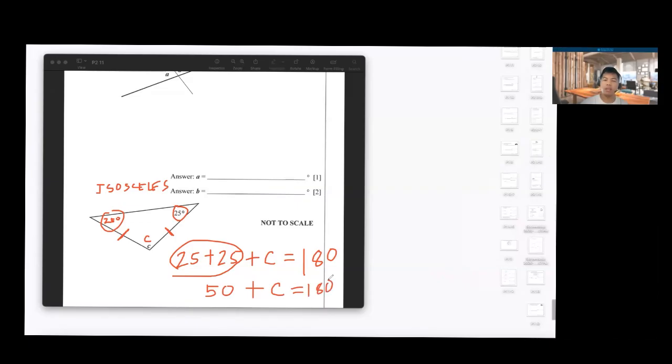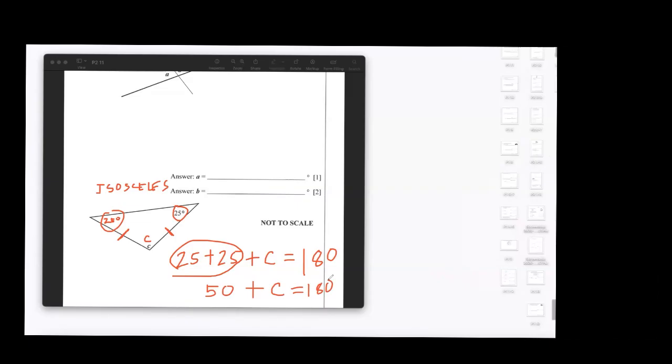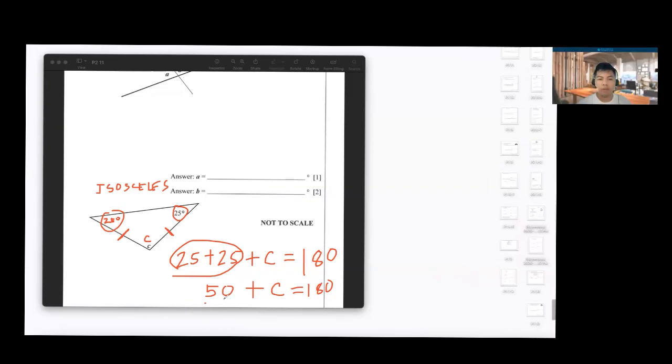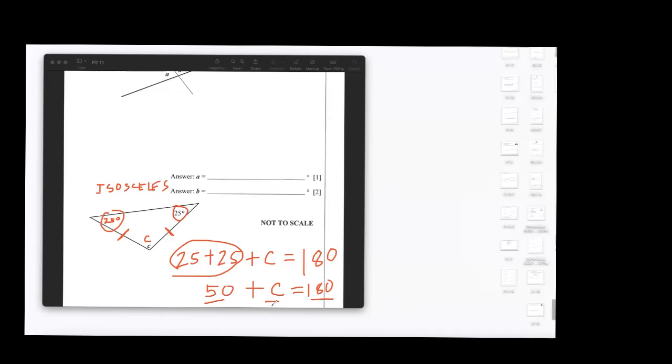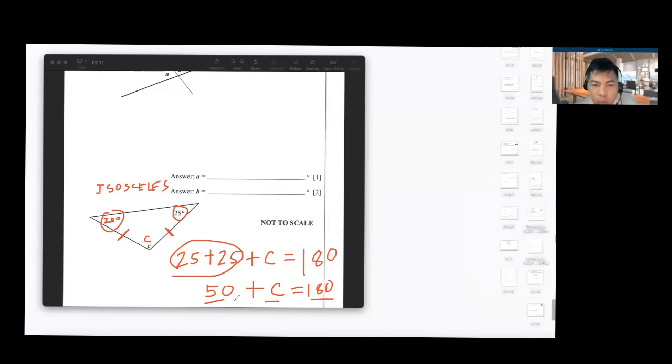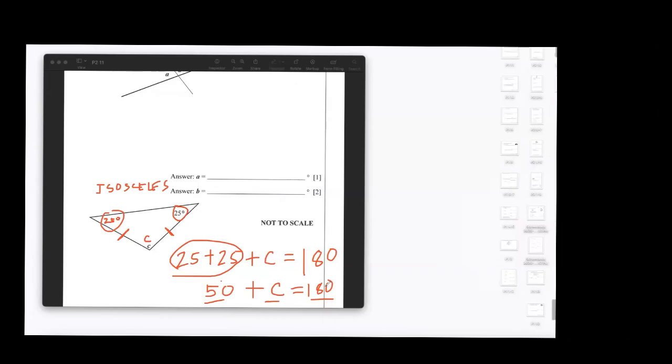Malia, Aliyah, Wanda. Oh, C. I have a 50 here plus C is 180. So what should be C? When you add that to 50, it should give us 180. So it's 130.